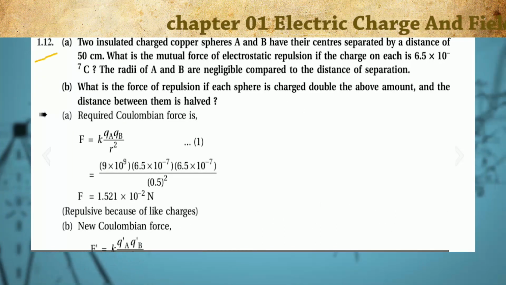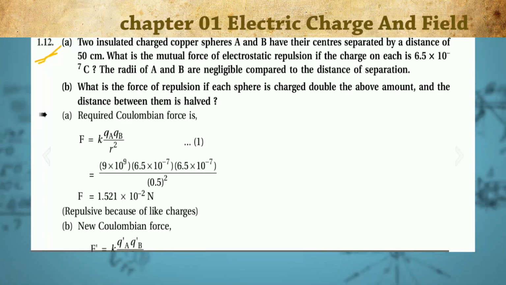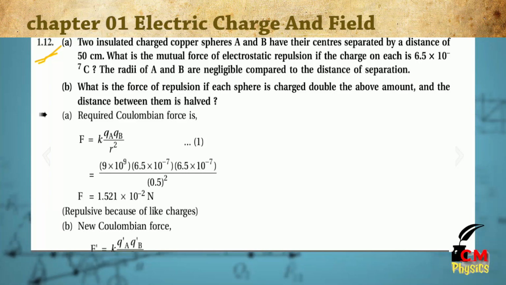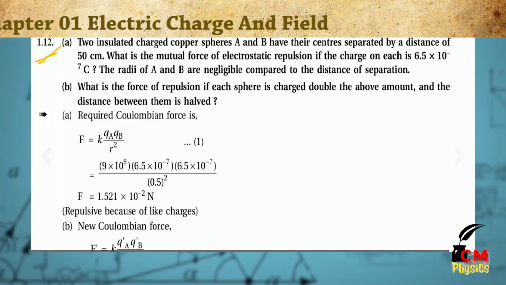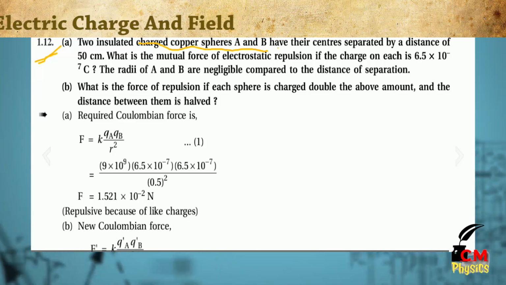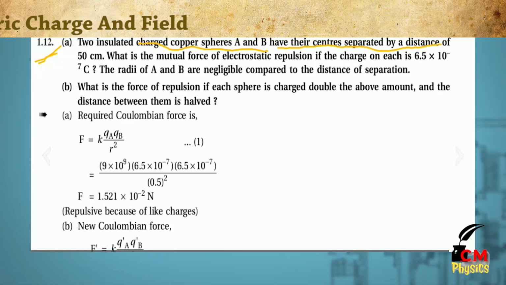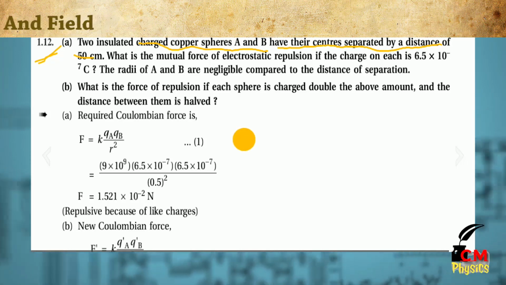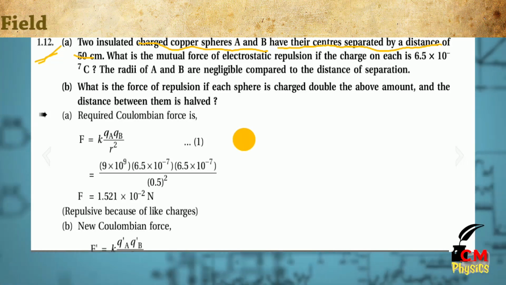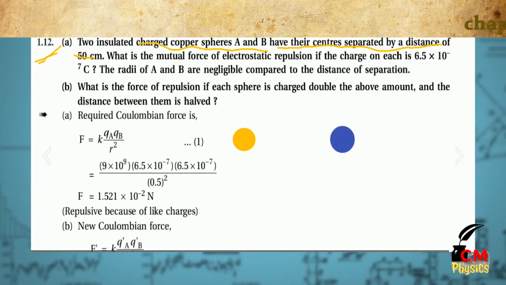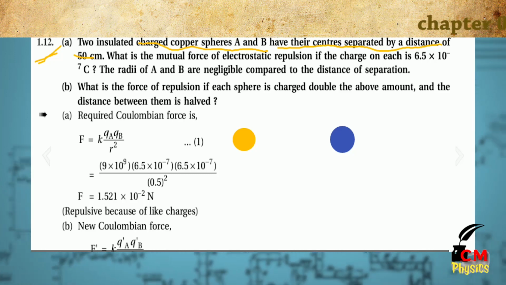Question 1.12. It is also a very simple question. It is based on Coulombian force. Here two insulated charged copper spheres A and B have their centers separated at a distance of 50 centimeter.